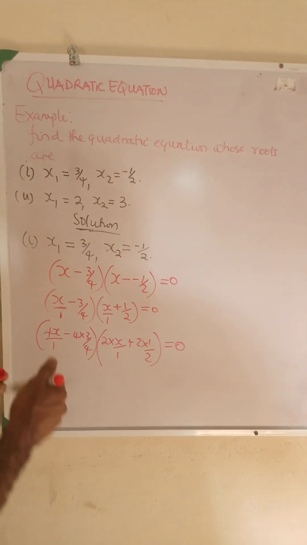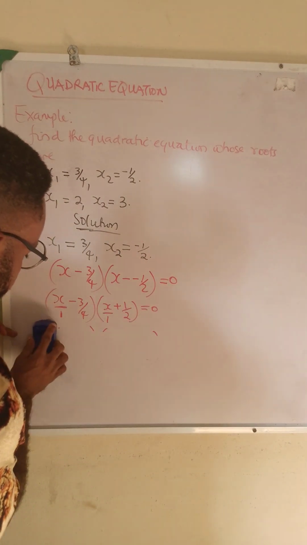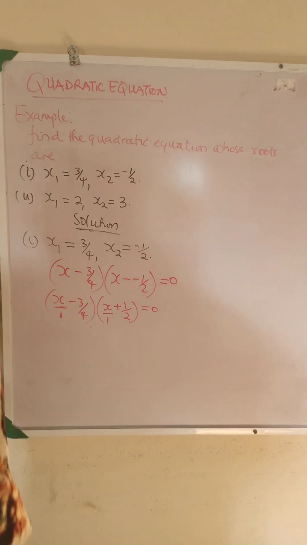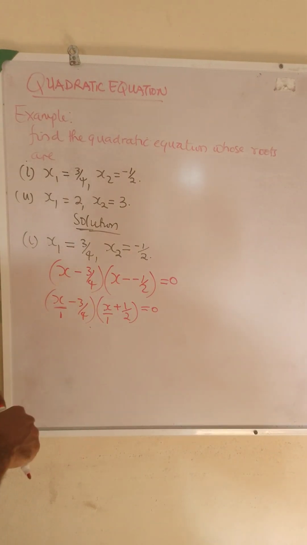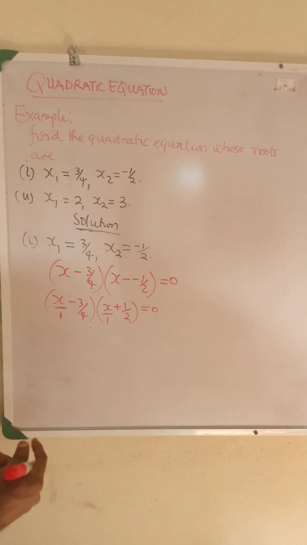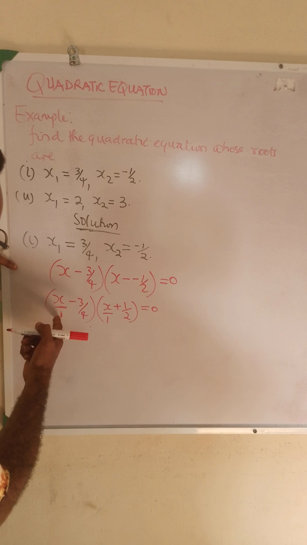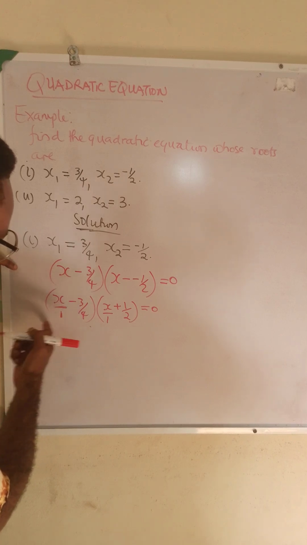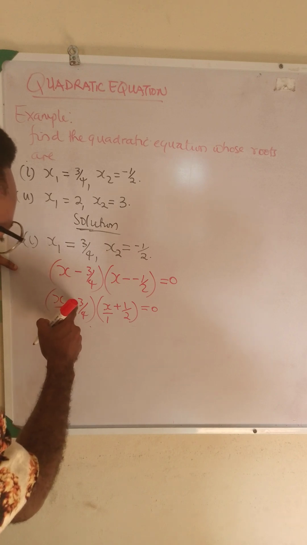I don't know if you understand that, but let me repeat it so that you get it clearly. Because we are dealing with fractions, we want to convert it to a linear equation sort of. So the LCM of 1 and 4 in this bracket is 4. So we multiply this and this through by 4.